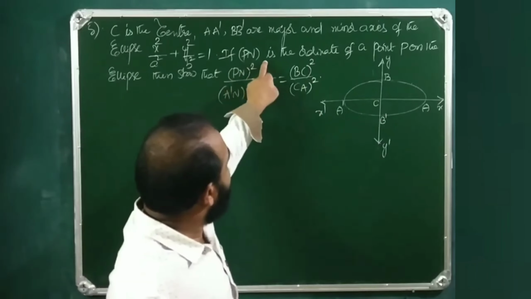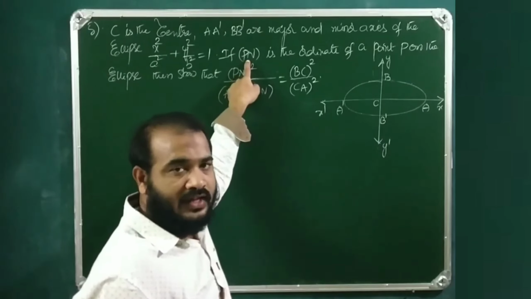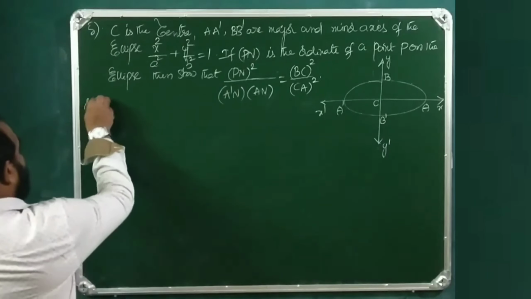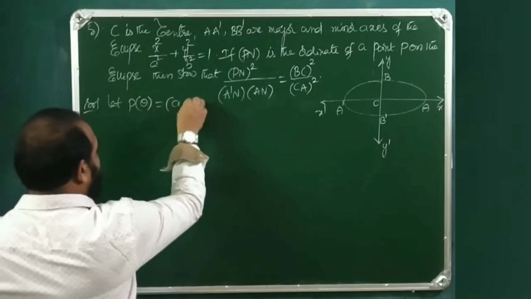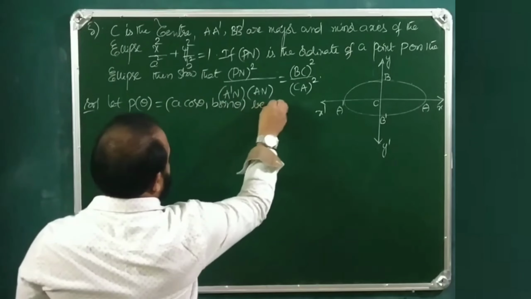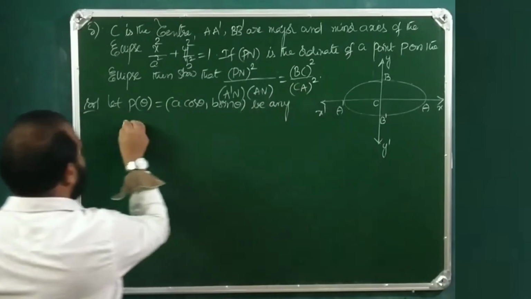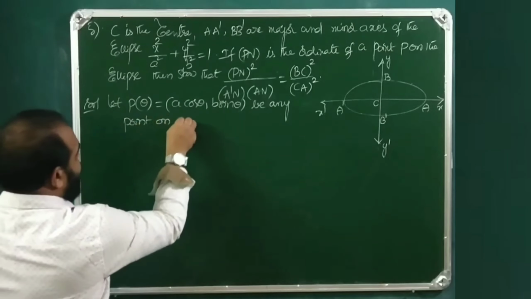So Pn is the ordinate. So let us take the parametric point on the ellipse. So let P theta, A cos theta, B sin theta be any point on the ellipse.